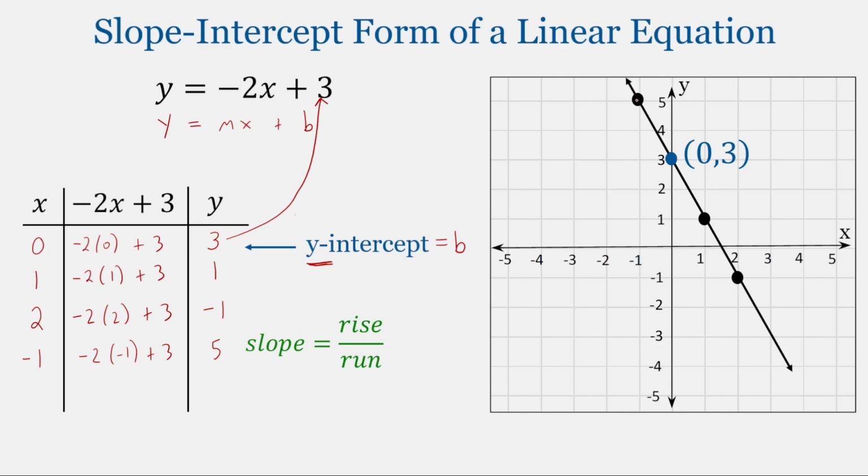I'll pick -1, 5. We start there, and we're going to go down to another point. We're going to go down 1, 2. So we went down -2. So we have a rise of -2. And then we went and ran +1. So we have a rise of -2, a run of 1, and that is -2. And our slope is -2.